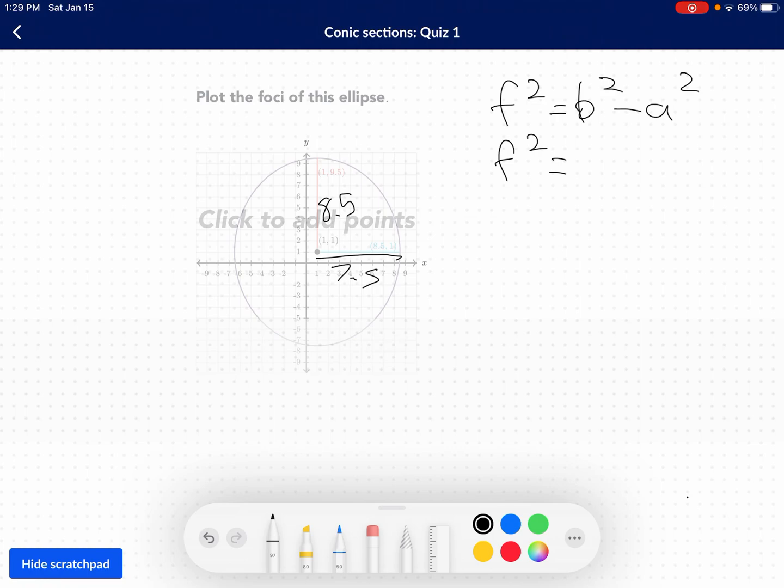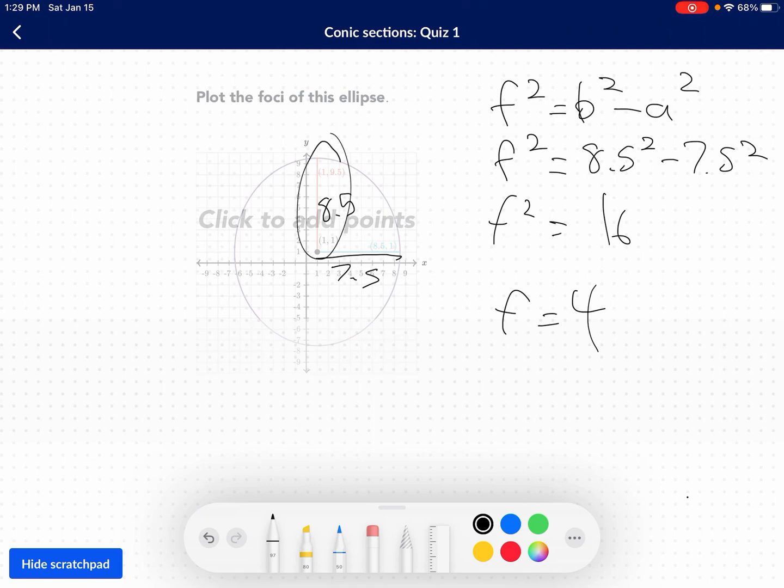B squared is 8.5 squared minus 7.5 squared. Enter this in my calculator. And this is just the Pythagorean theorem. You get 16 equals f squared. F equals 4.